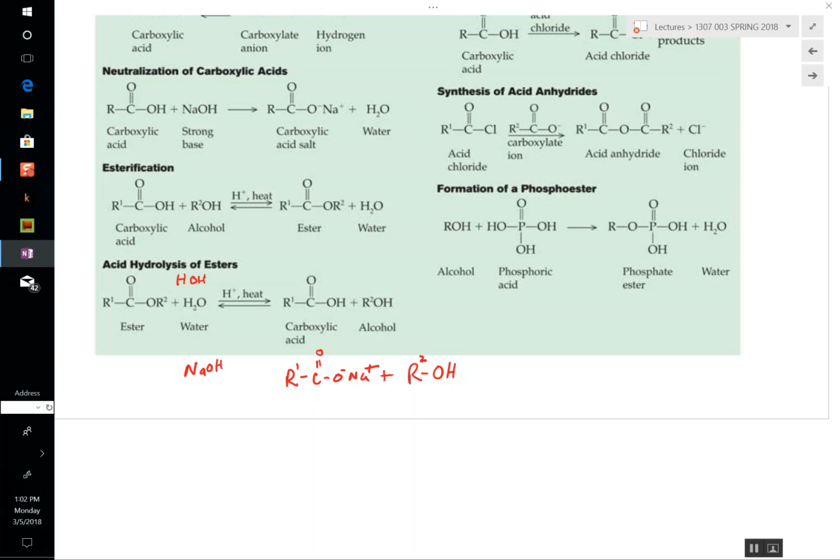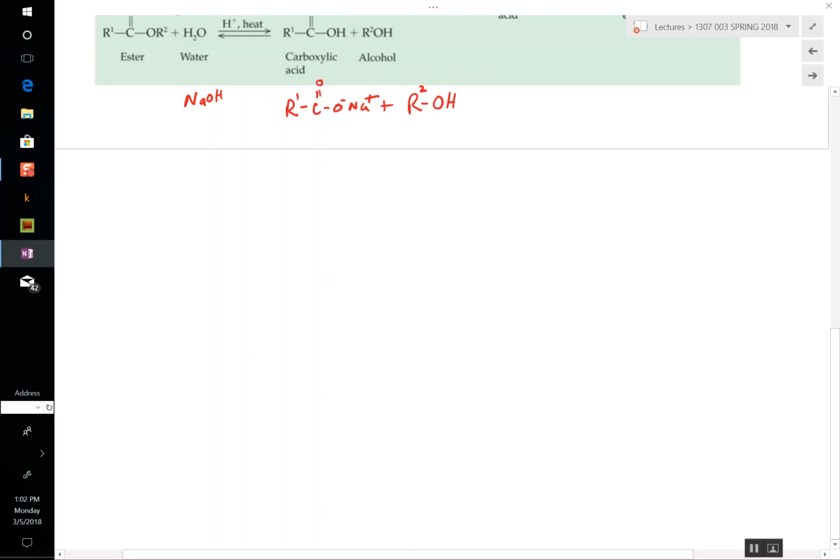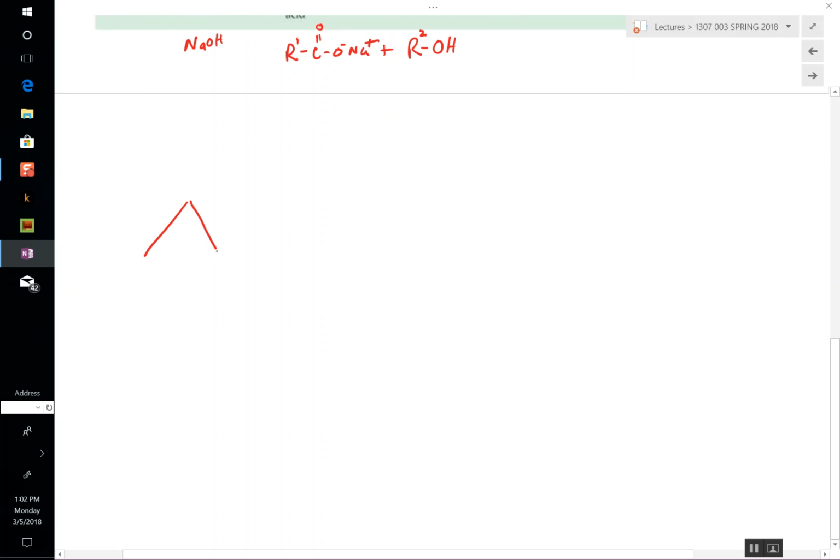In the lab, to show you that, here is a carboxylic acid that is not soluble in water. Benzoic acid. This is not soluble in water.